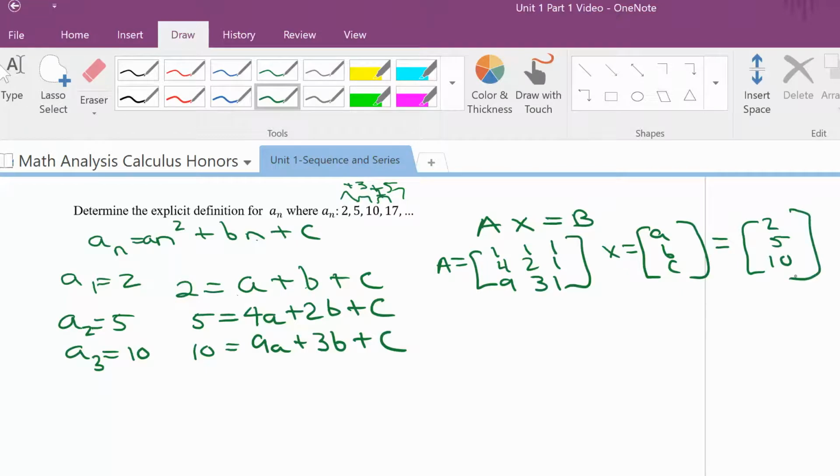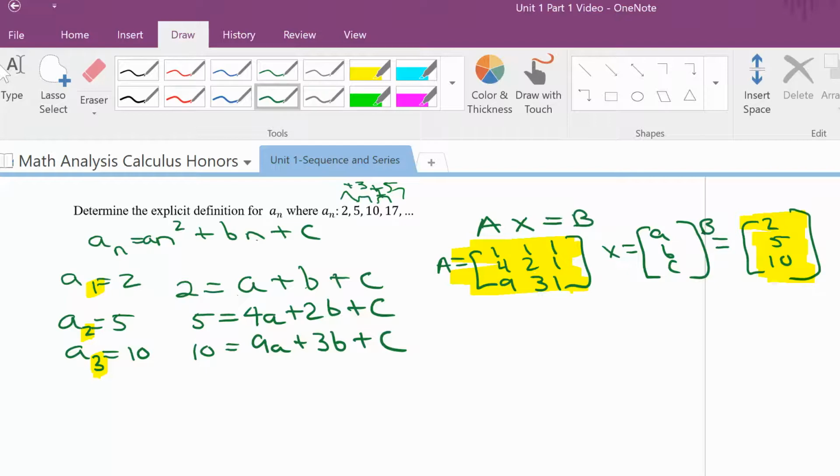Now when you're doing these problems, this matrix will be the same no matter what, because it's based on the first, second, and third term. So there's no need to change that. The only thing that will change is the B matrix.